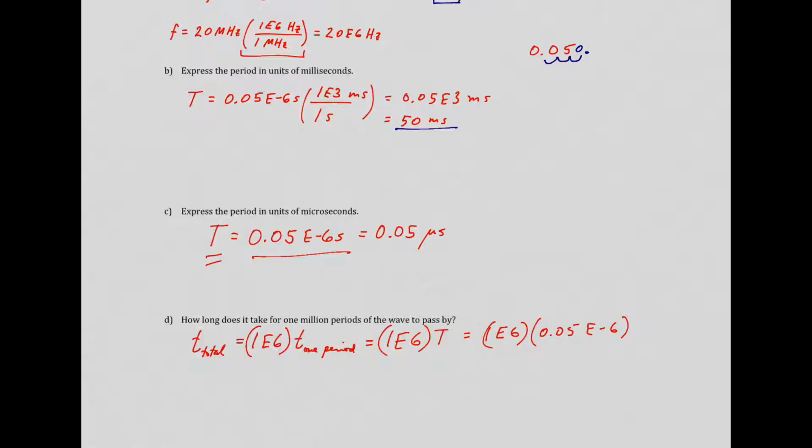The plus 6 and the minus 6 cancel, and I get 0.05 seconds, or 50 milliseconds needed for 1,000,000 periods to go by. Okay? Hope this helps. So this is what we call T by definition.